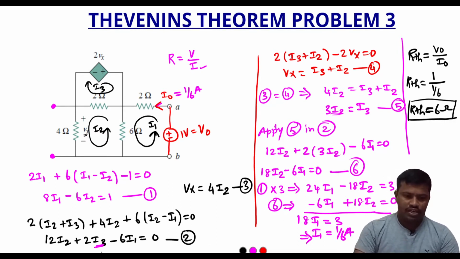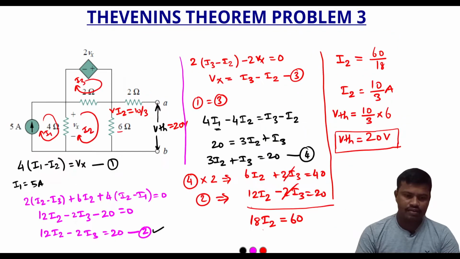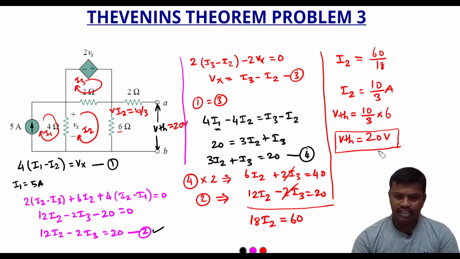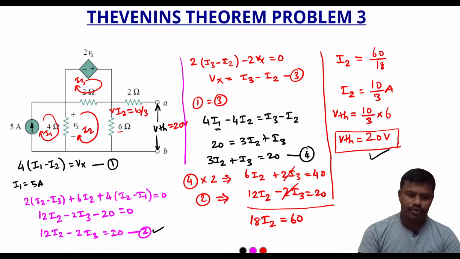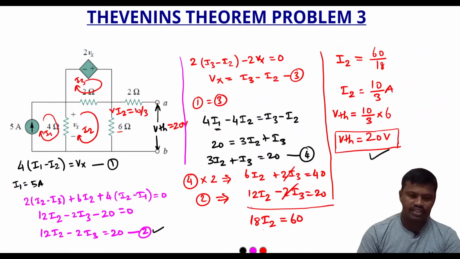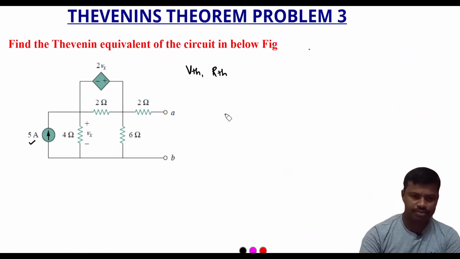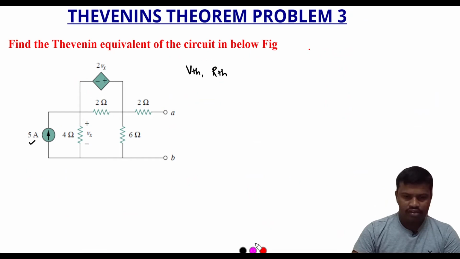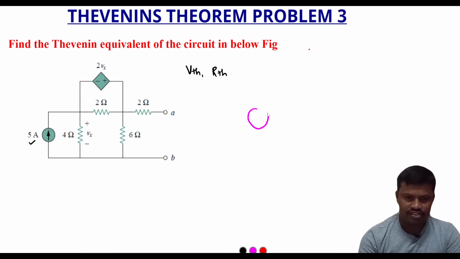Now we will start to draw the Thevenin's equivalent circuit. We know that VTH is equal to 20 volt and RTH is equal to 6 ohm. Let us draw the Thevenin's equivalent circuit.